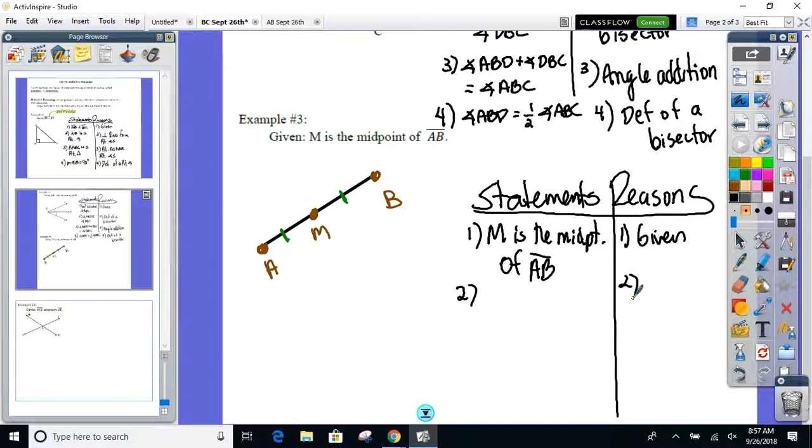That should probably be step 2, whatever you marked on your diagram, write it in your statements now. So we just said what? That segment AM is congruent. Start using the congruent sign, not the equal sign. AM is congruent to MB.